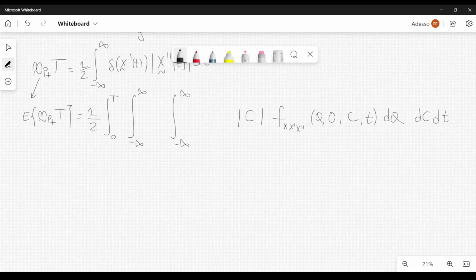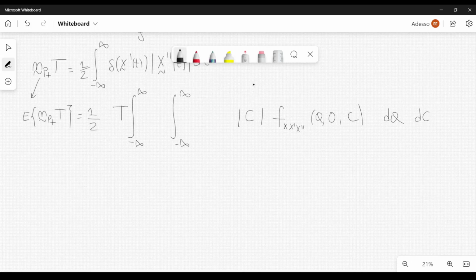This is just notation. And then now I'm going to assume that this density here does not depend on time, so it is stationary, which means that we don't have to consider a dependence upon t. Therefore, I can integrate over t, I can get rid of this integral, and therefore here I simply have to multiply by t.